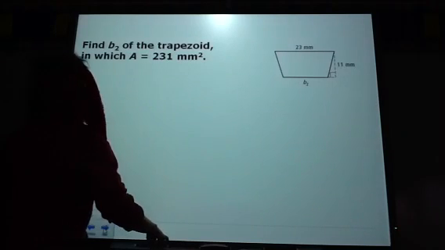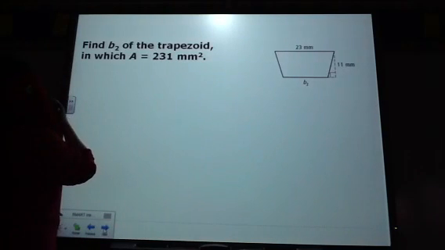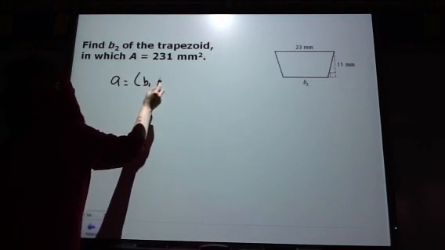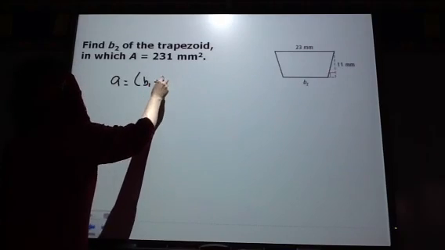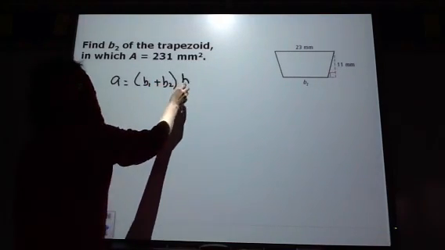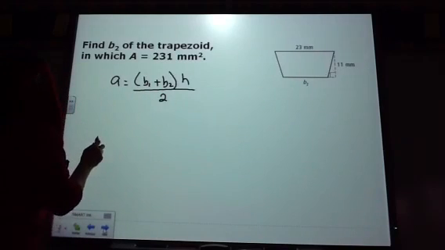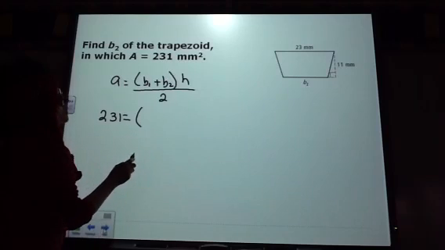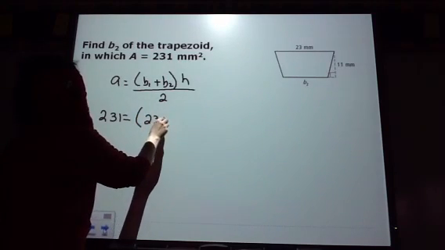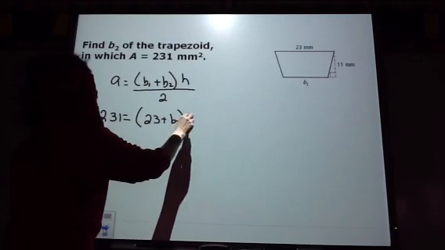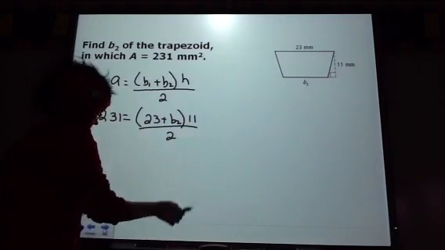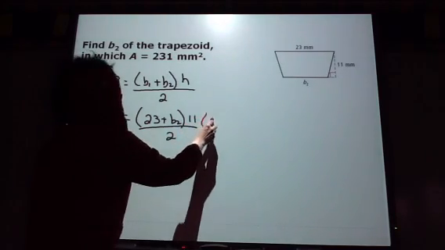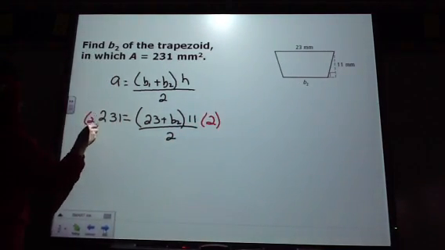Okay, we have a trapezoid, and we've got the area, and we're trying to find one of the bases. Okay, so let's write our formula: base 1 plus base 2 times your height, all divided by 2. Area is given, and one of my bases and my height. Okay, so I'm going to cancel out that 2 by multiplying both sides by 2.